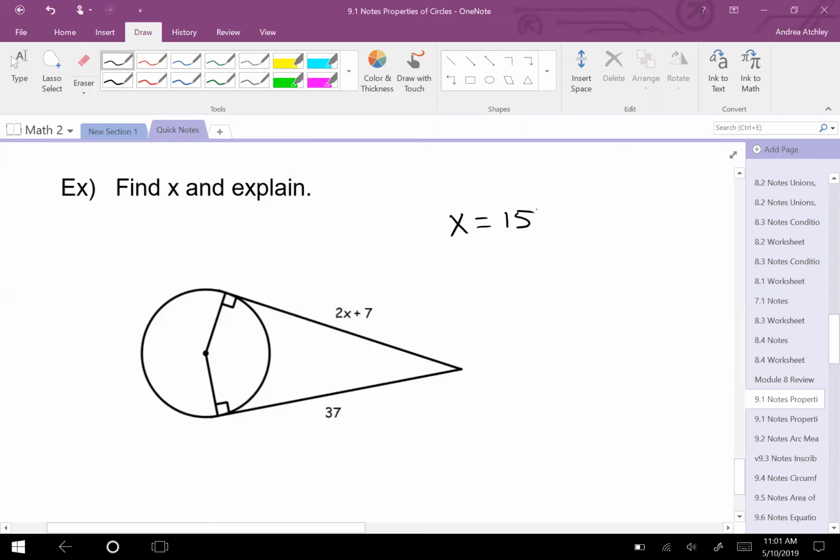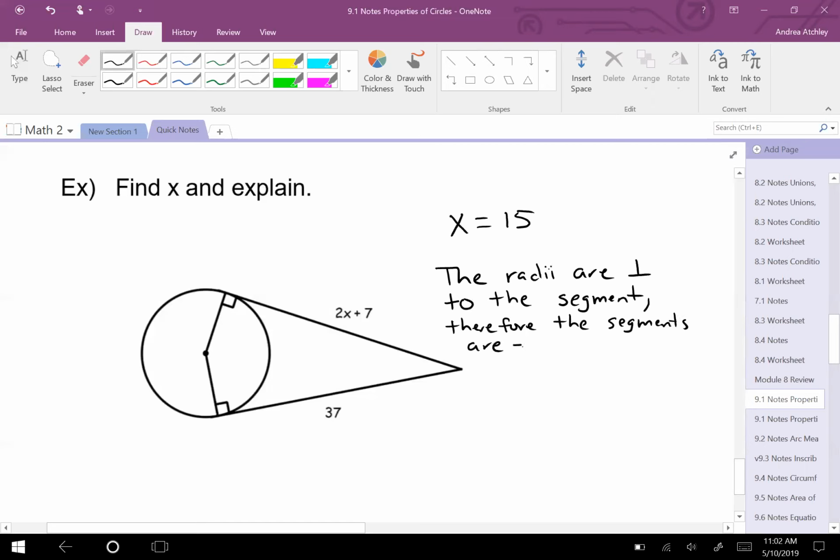Okay, your explanation would be that the radii are perpendicular to the segments, therefore the segments are tangent and congruent.